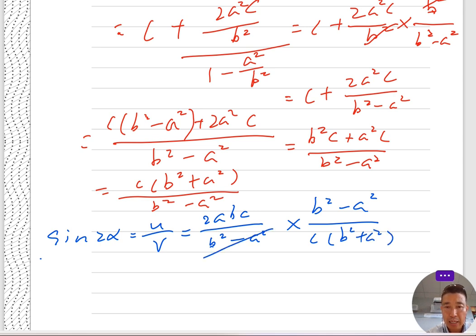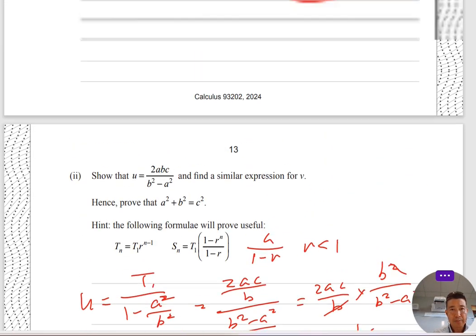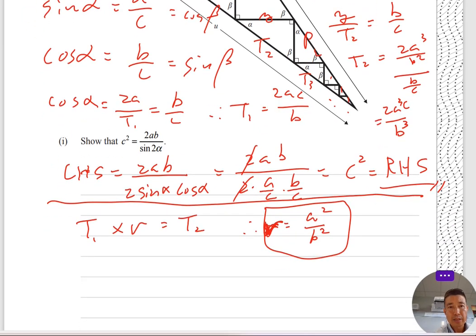Now B squared minus A squared is gone, which leaves 2ABC over C times A squared plus B squared, right? Equals what? Earlier, question 1 says C squared equals 2AB over sine 2 alpha.